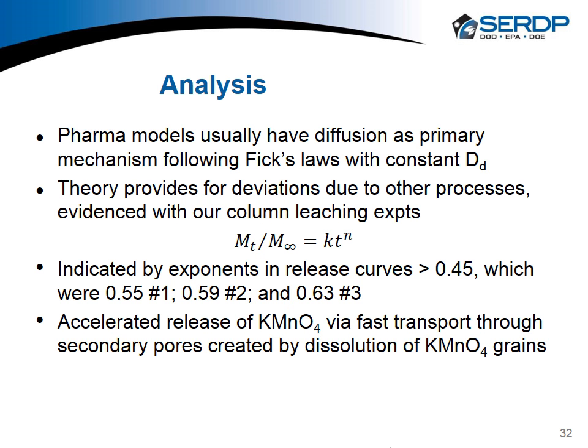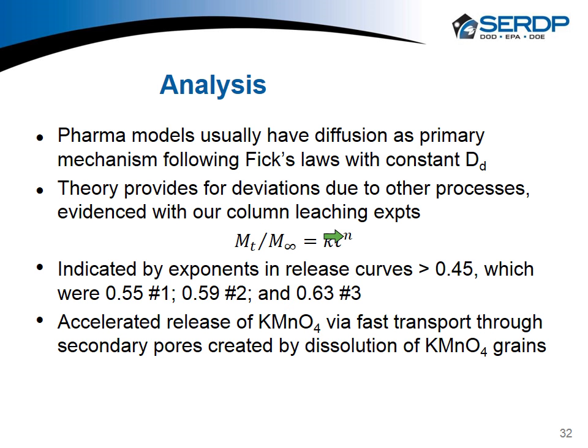So theory provides for deviations due to other processes, and here you see an equation showing the fractional release of the chemical, which is permanganate, is equal to a kinetic constant and time, and there is a release exponent indicated by n. So if the process is purely Fickian diffusion, we expect to see the release exponent equal to 0.45.